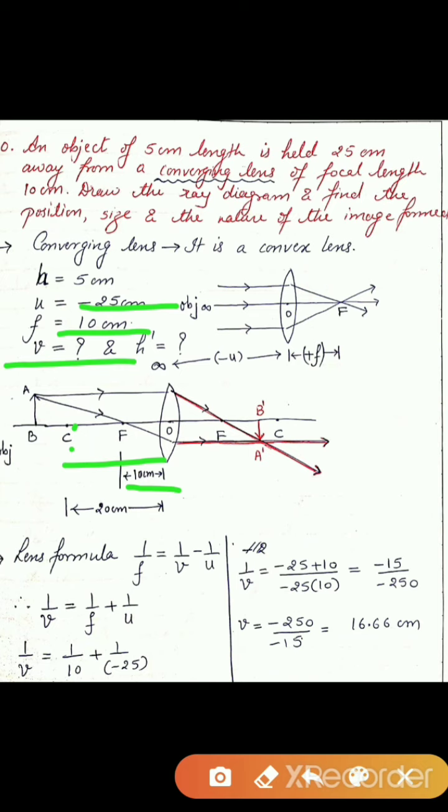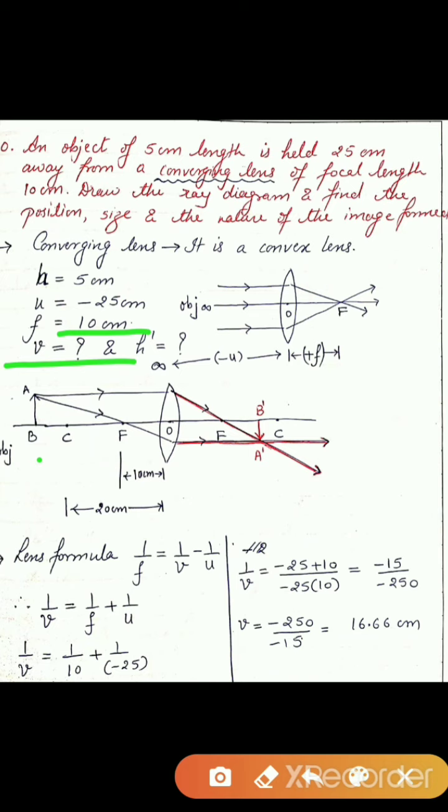So C is also known as 2f. This distance will be 20 centimeter and the object is placed at 25 centimeter, which means the object is placed beyond C.